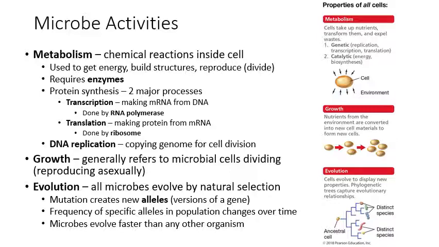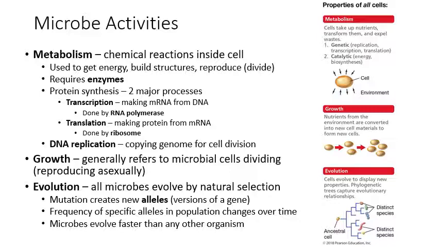Microbes undergo evolution, as do all living things, which means that they change over time, and that process is driven and shaped by natural selection. So in evolution, first you have mutation, changes to the genome, random changes to the genome. Those changes create new alleles.